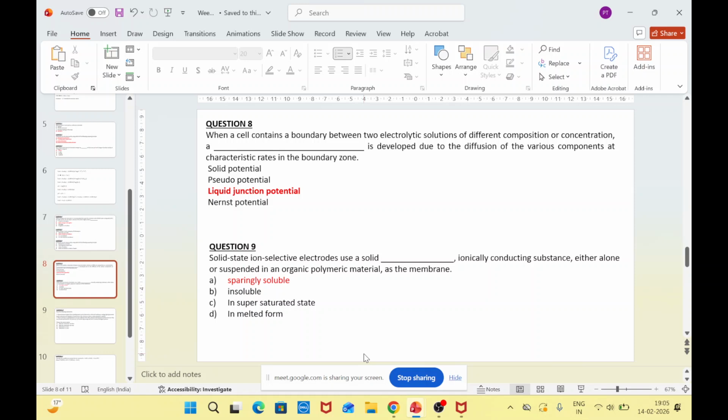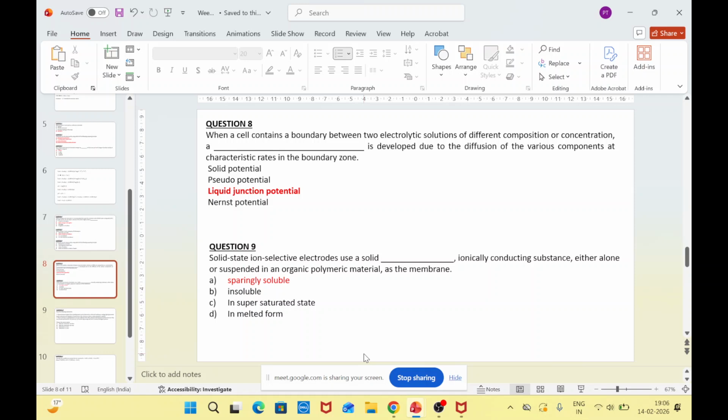It's not that we are using a solvent in the system. The ion selective electrode is a membrane, and whatever you use should be sparingly soluble in the electrolyte. If you use a completely soluble one, it will totally dissolve within the electrolyte.